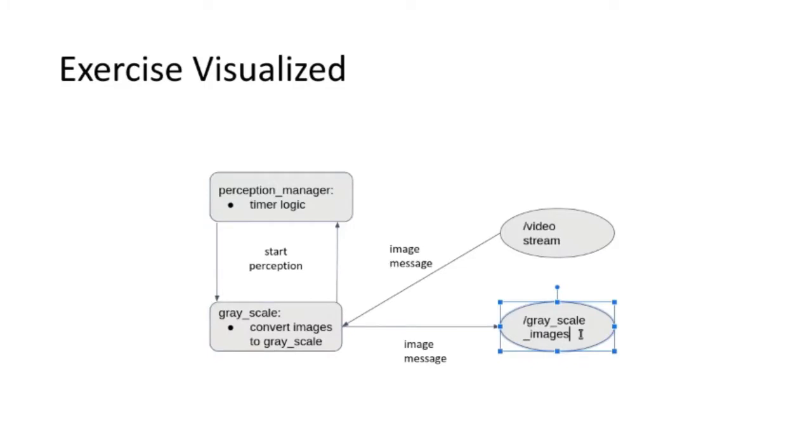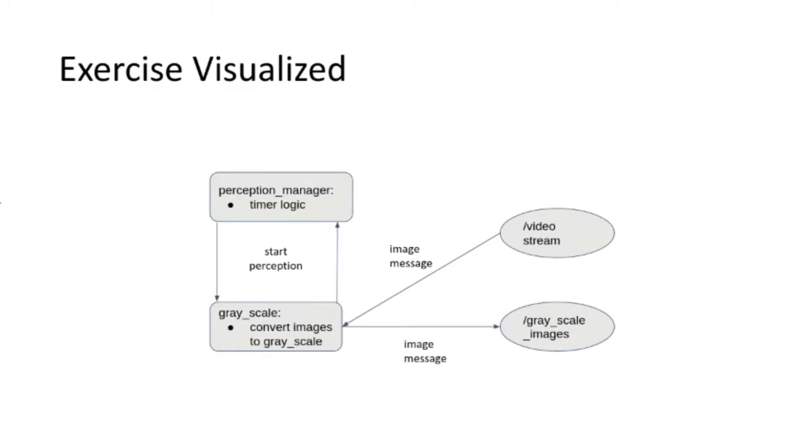And just a reminder, a topic is something that you publish messages to and you subscribe to get messages. So how it's going to work is this node is going to start the grayscale node, and it's going to let it run for 30 seconds, then stop it. All right, do y'all have any questions about this so far?